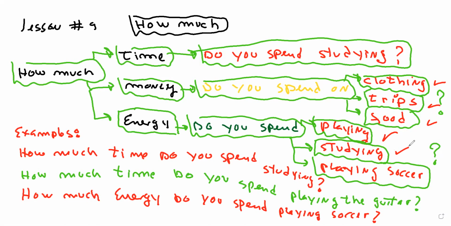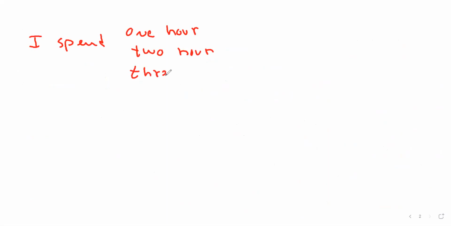And then you can answer the questions. I'm going to do another one to answer the questions, and I'm going to get rid of this one. So you can say, I spend 1 hour, yo gasto 1 hour or 2 hours or 3 hours playing soccer.